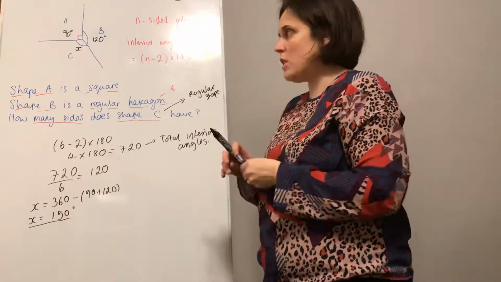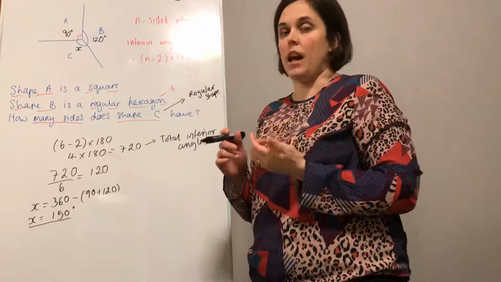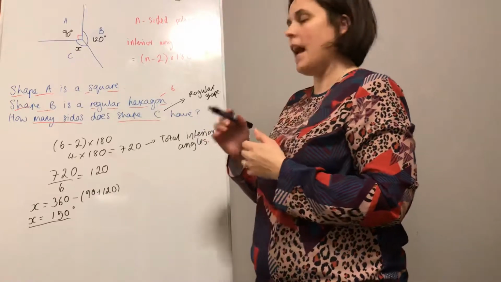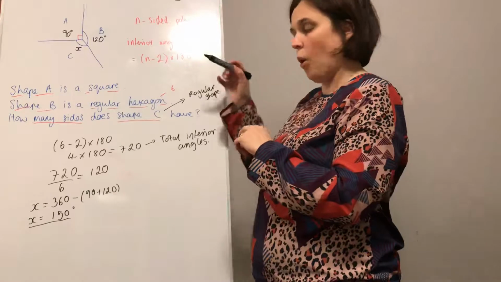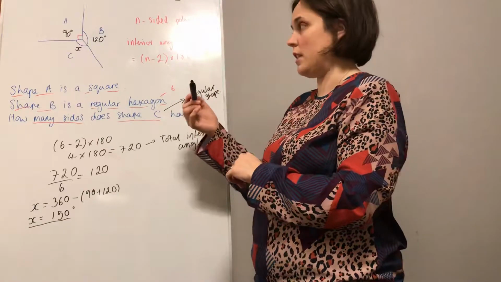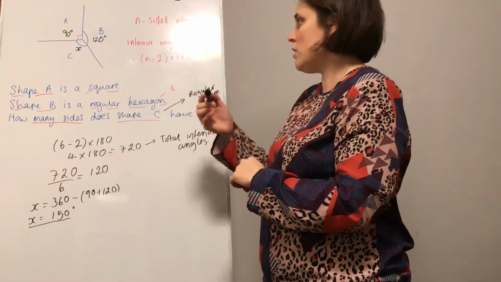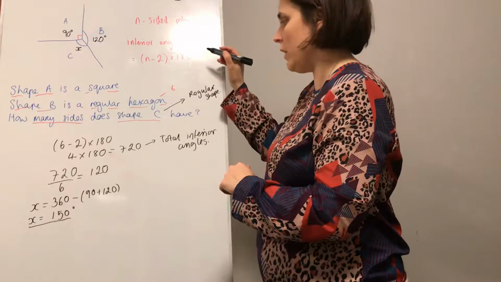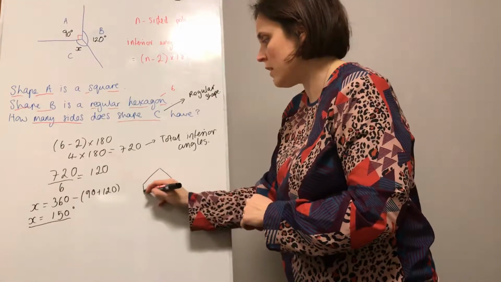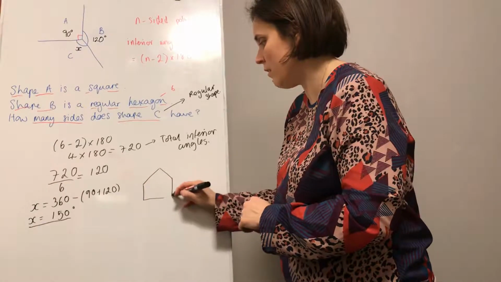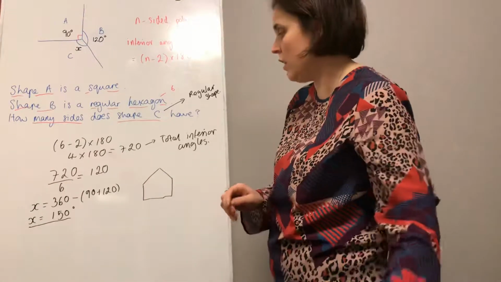The easiest way to do it is by using the exterior angles. The exterior angles of a shape always add up to 360 degrees. So if I just show you a quick diagram, for example, if I drew a pentagon, like so, looks a bit like a house, but that's fine.